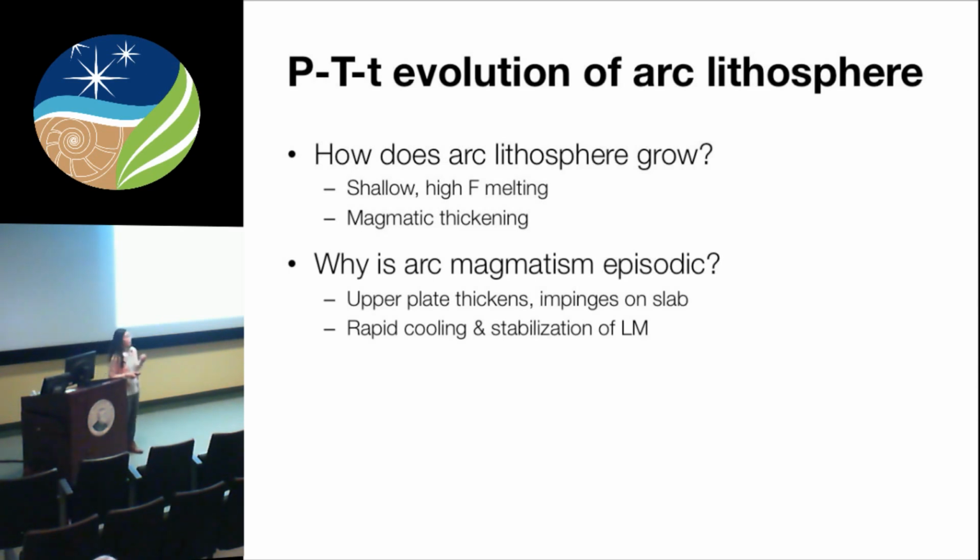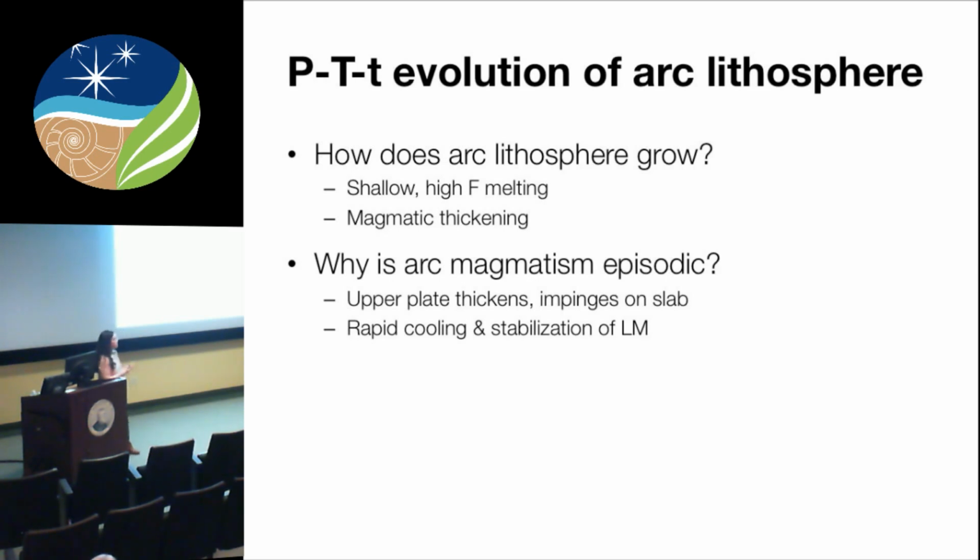Okay, and then why is the magmatism episodic? I think it's all in the upper plate. You can modulate the tempo of magmatism just by magmatism itself, basically thickening the plate, and then not having to do anything with the slab dynamics. Many of the current views on episodic magmatism invoke a changing dip of the slab, but this seems quite arbitrary, or subducting an oceanic plateau whenever you need to shut off the magmatism.